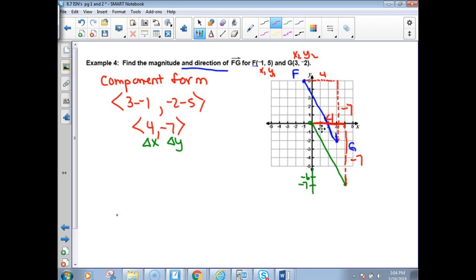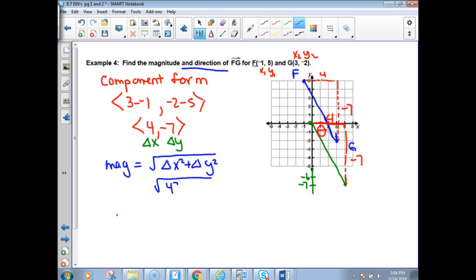I want to know this angle right here. So I'm going to put a theta on it. So you can kind of see why I'm doing what I'm doing. All right. Now I'll show you how to get it whatever way you want. We need to find the magnitude. How you find the magnitude, that's going to equal the square root of the change in x squared plus the change in y squared, which we found out are 4 and negative 7.